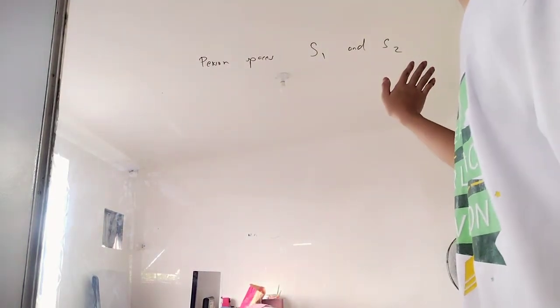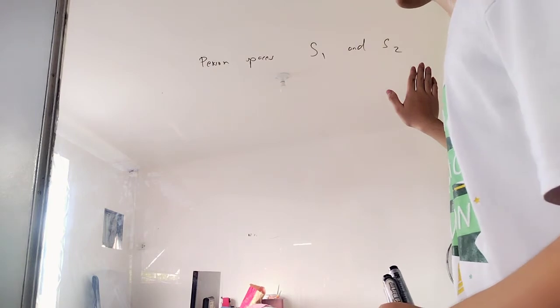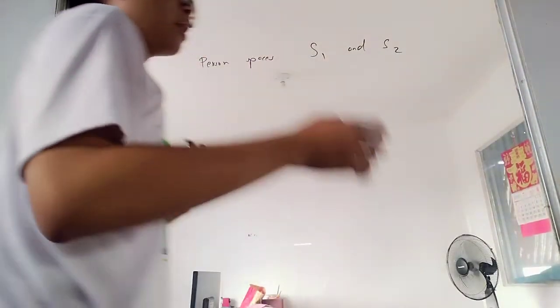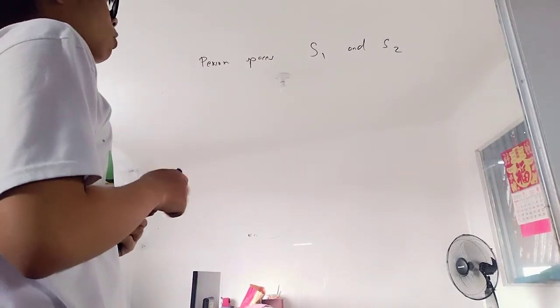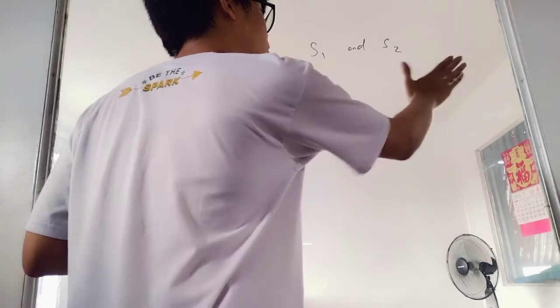So that's our space. S1 and S2 could be 0 to P, or some other interval that describes people. Now we define a linear transformation, or a more general form, to be a morphism or a homeomorphism between these two topological spaces.